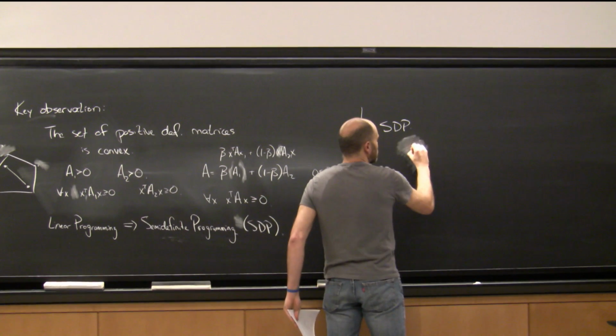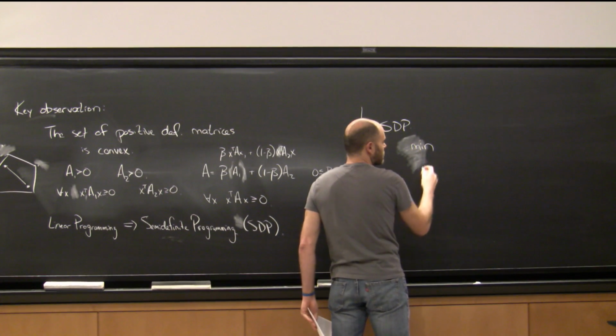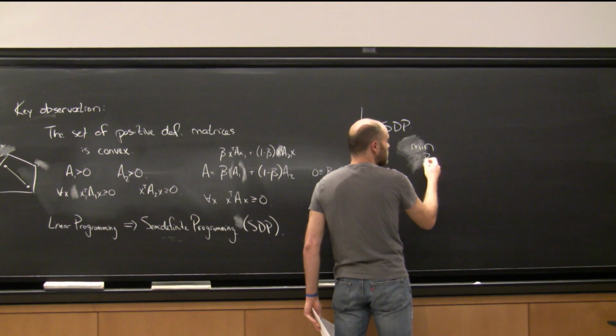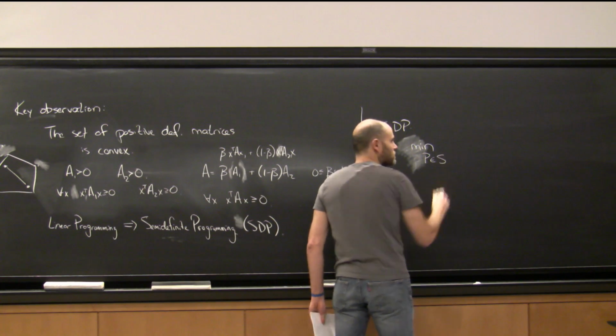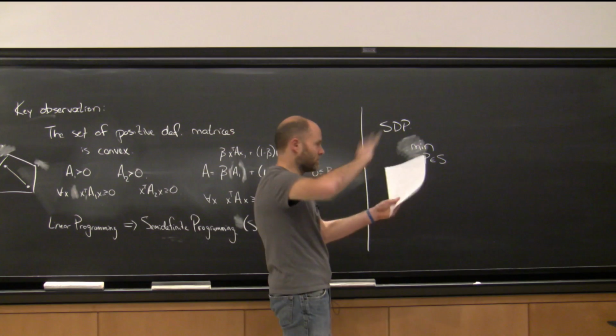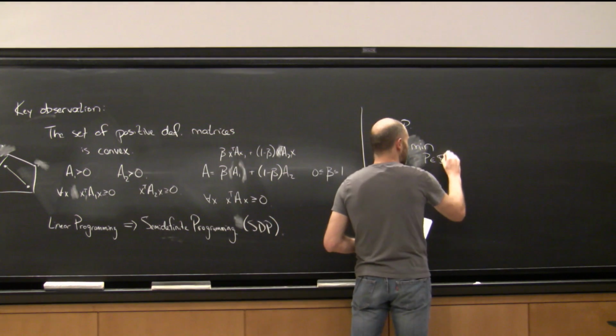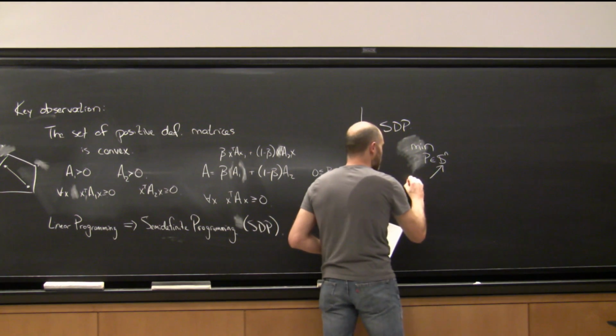The generic form is minimize over some decision variables P. You'd like them to be in the symmetric matrices, the symmetric matrices of size n.